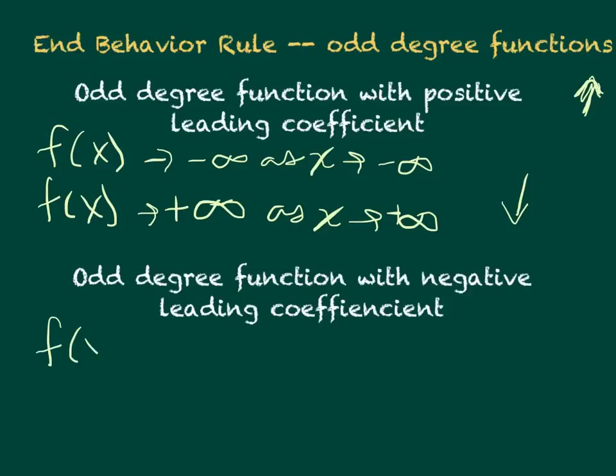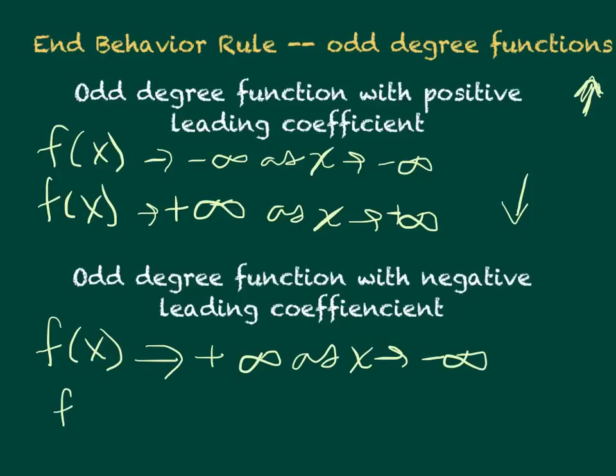And for the odd degree function with a negative leading coefficient, the function is going to tend towards positive infinity as x tends towards negative infinity, and the function will tend towards positive infinity as x tends towards positive infinity. Oops, I messed that one up.